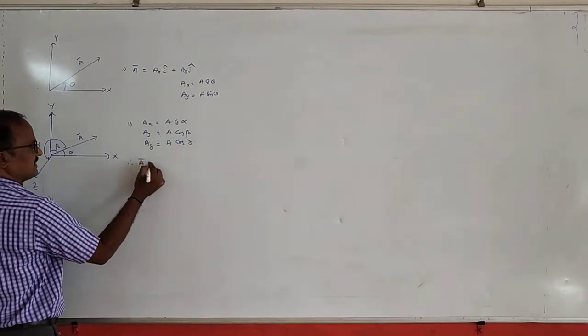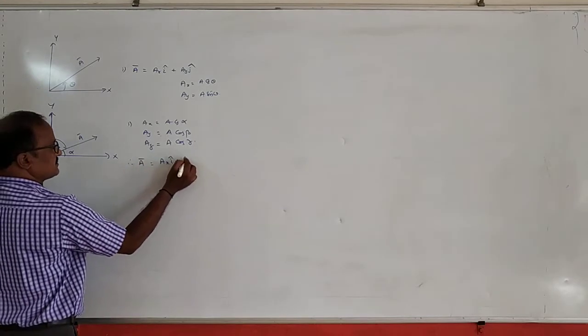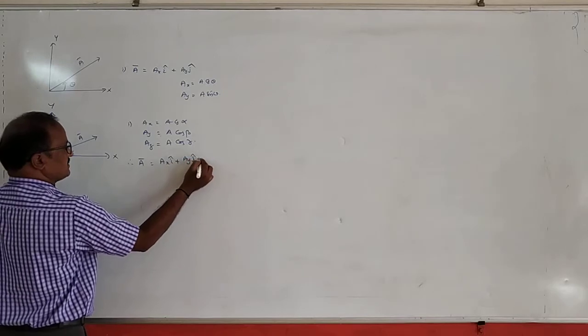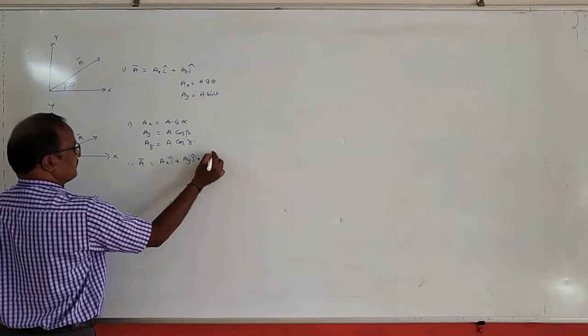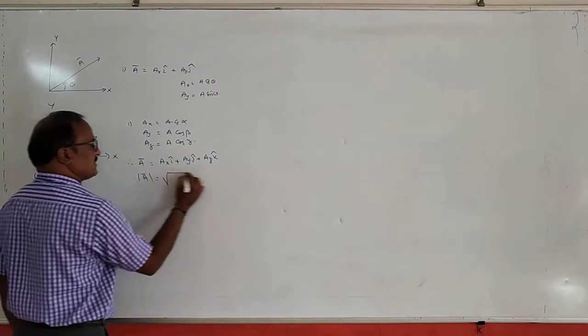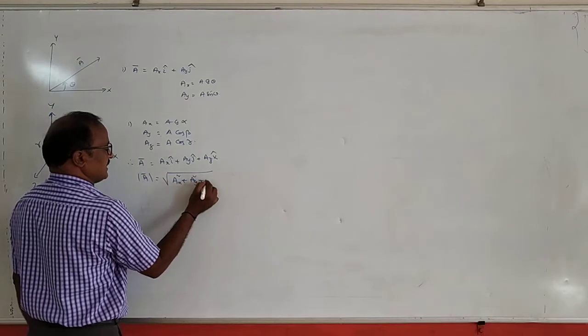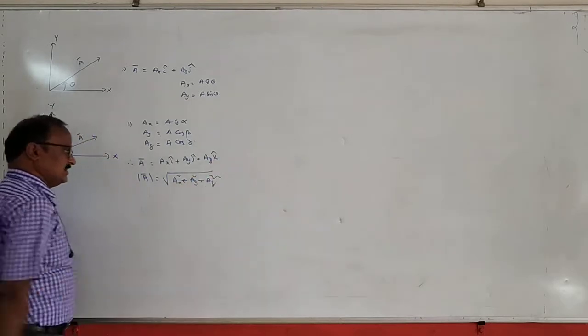Therefore, the total vector can be written as a bar is equal to ax i cap plus ay j cap plus az k cap, and the magnitude of the vector is the modulus of a bar, equal to root of ax square plus ay square plus az square.